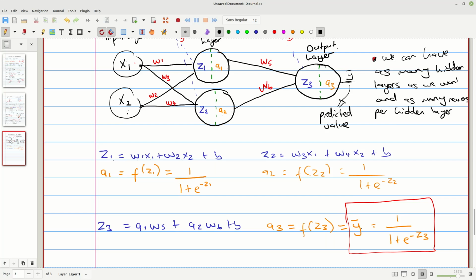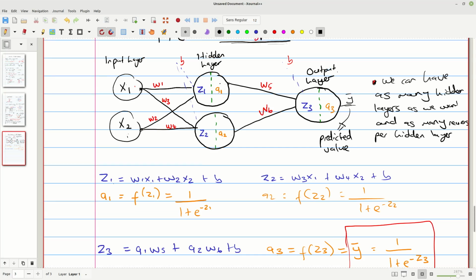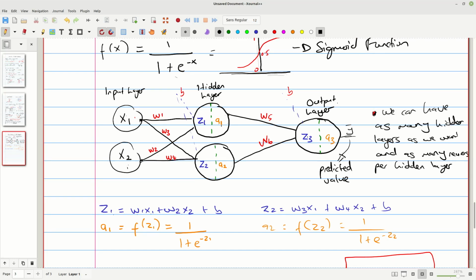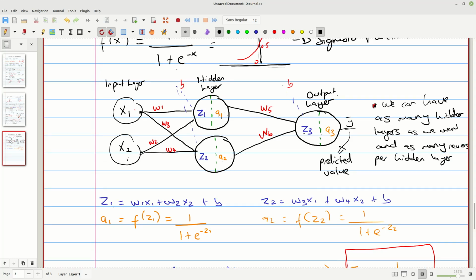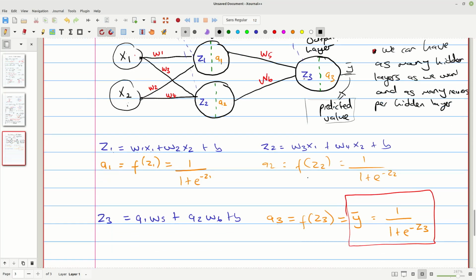So that's the forward pass. You multiply by these weights, you get your Z1. You apply the activation function, the sigmoid function, and you get A1. Then you multiply by W5 and W6, you get Z3. You apply the activation function again, and you get A3, which is essentially our predicted value y bar.